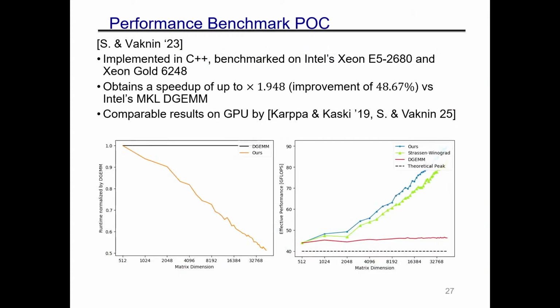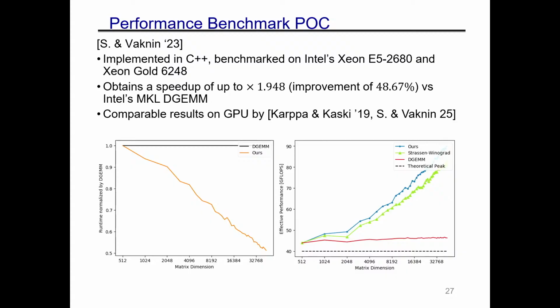Okay, and these are just a couple of examples. Here we compare, so the x-axis is matrix dimension, log scale, the y-axis is runtime, so low is good, and we compare to DGEMM in Intel's Math Kernel Library, and you can see that the speedup here approaches about 2x.